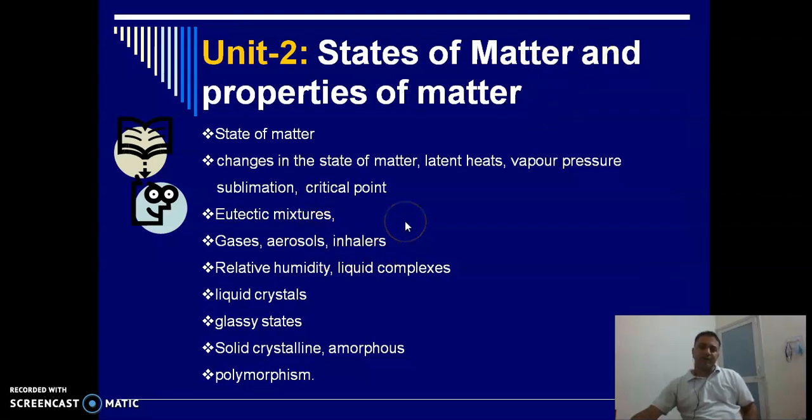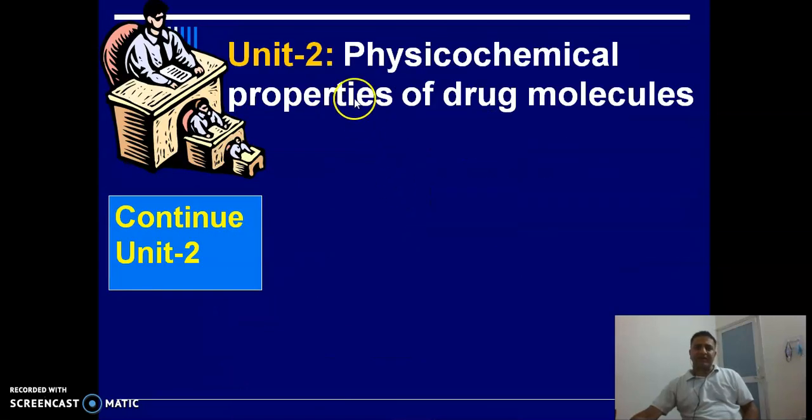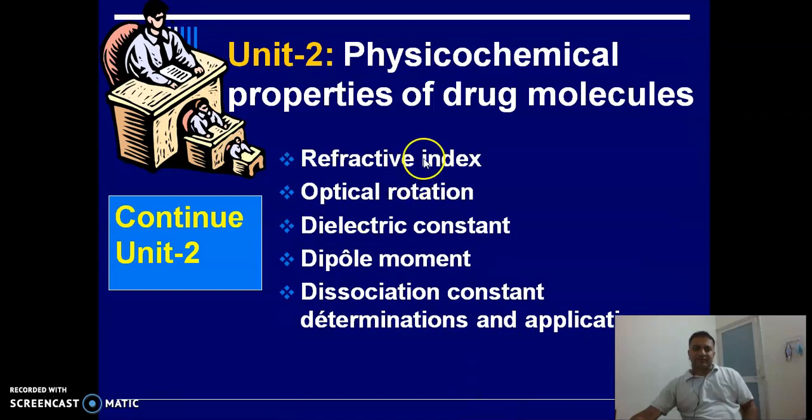Now continue with Unit 2. Next is physico-chemical properties of drug. In this chapter, we have to study different physico-chemical properties. First one is refractive index, optical rotation, dielectric constant and dipole moment with dissociation constant, determination and application.